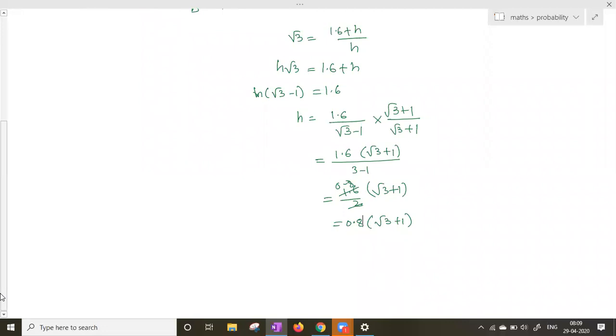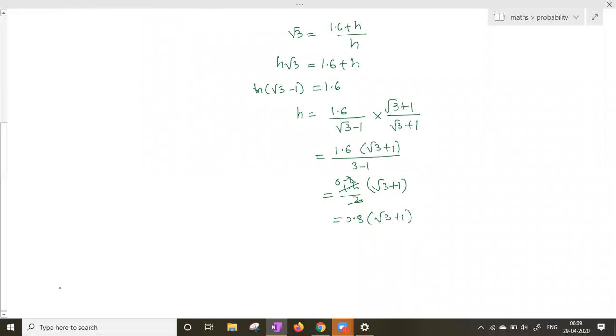So which is taller here? Chimney. Chimney is taller. So this is tower and this is chimney. From the top of the tower, the angle of elevation of the top of the chimney is 60 degree. This is tower and this is chimney.